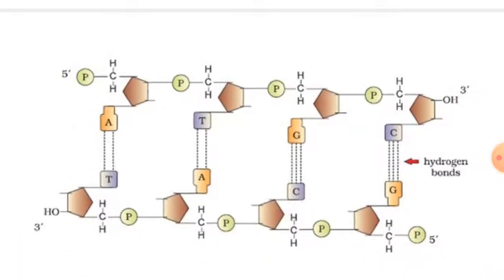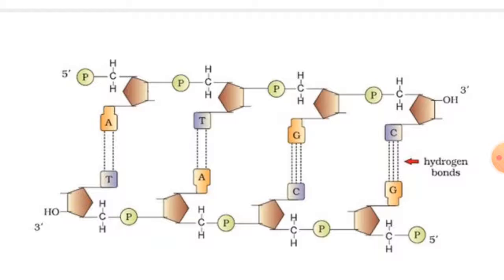Here you can see clearly the polynucleotide chain with both the chains, that is the double stranded polynucleotide chain. If you see in the upper chain, the hydroxyl end, that is the 3 end, is free, and on the other side the 5, the phosphate end, is free if we start from right towards left. Below, from right towards left, it is the phosphate end, that is the 5 end, and on the other side it is the hydroxyl end or the 3 end.